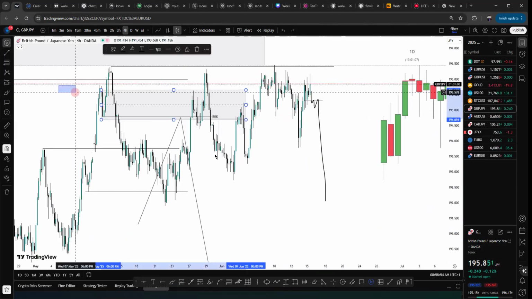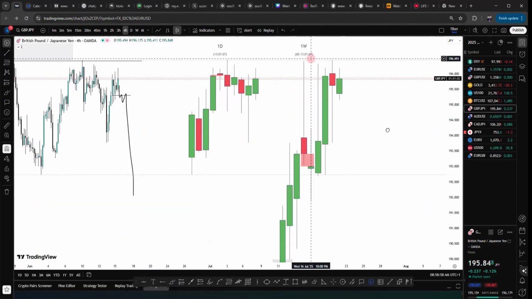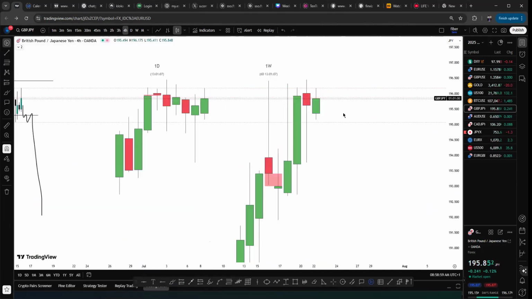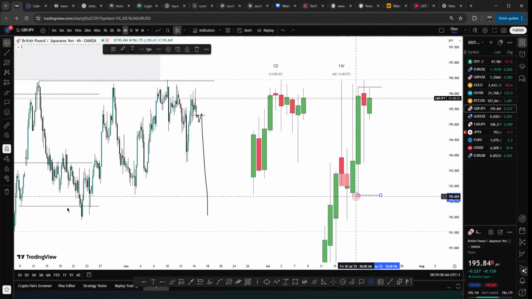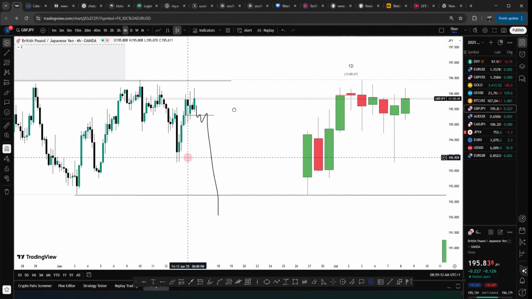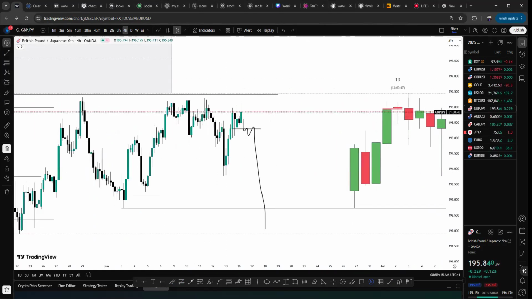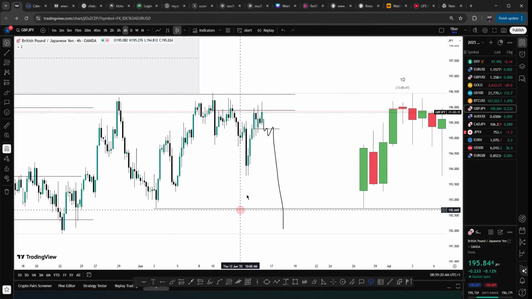All right, that will be my target, and if that becomes this weekly CRT, we're going to be trading this weekly CRT to take out the low, and the low of that CRT is right here. So if you have a 4-hour confirmation here, which we already did on this one right here, we'll be targeting that low as our CRT low.